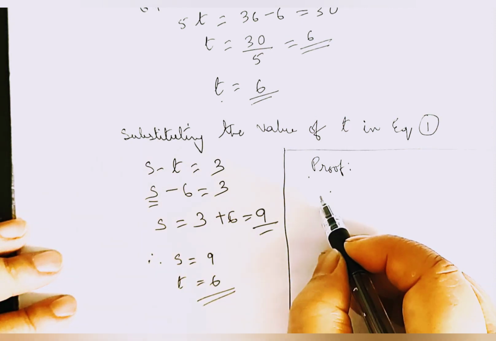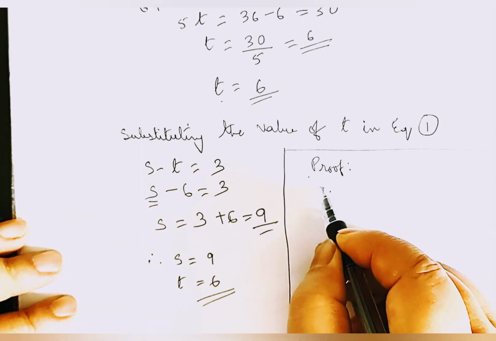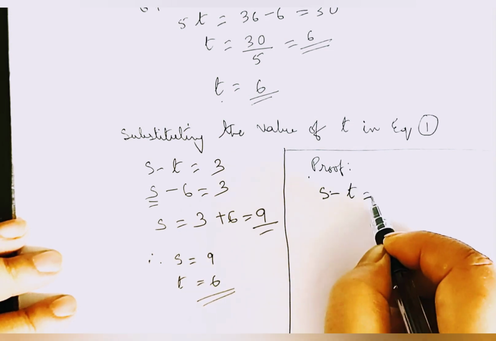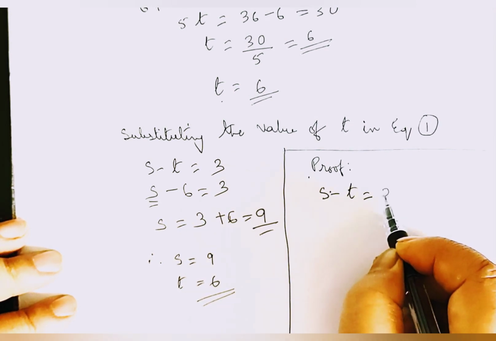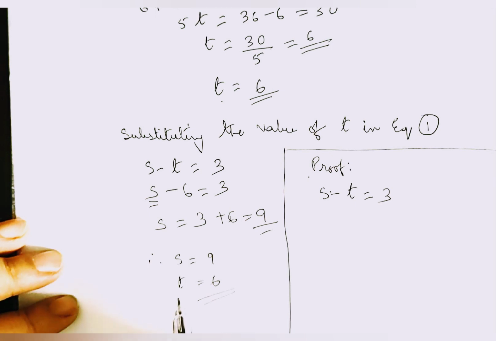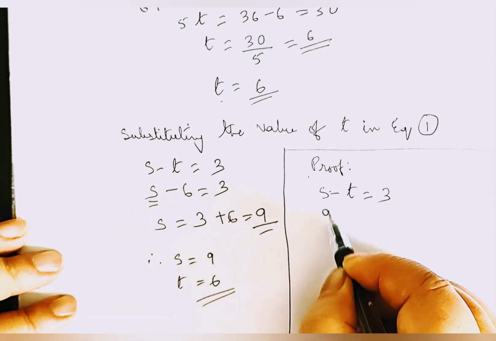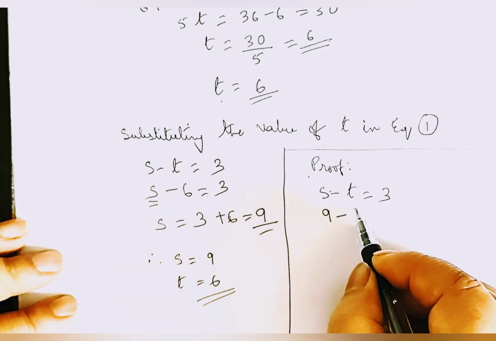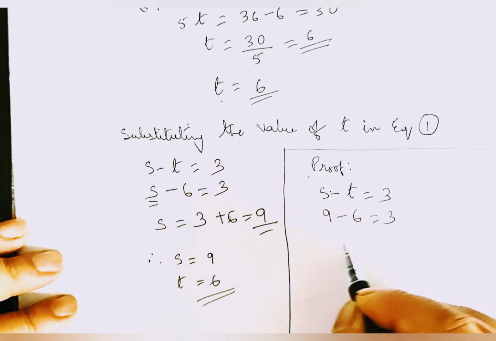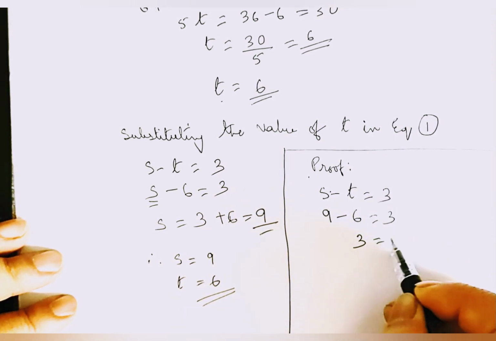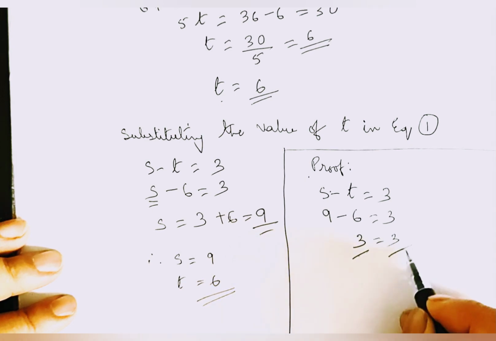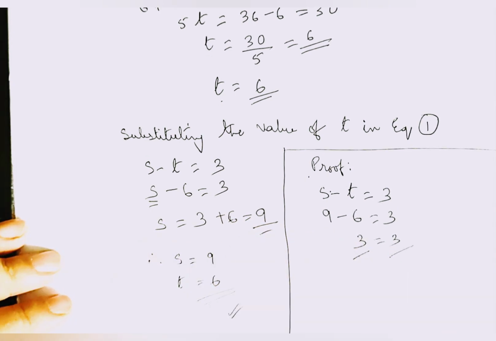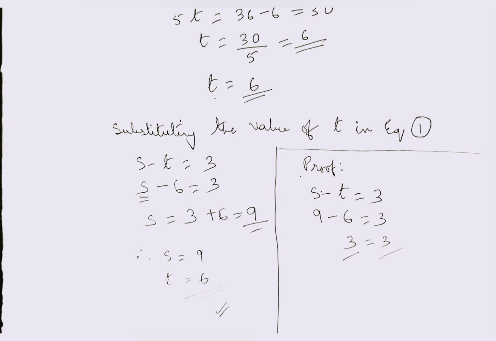And what was the equation? Equation 1 was s minus t is equal to 3, right? What was the value for s? 9. What is the value for t? It is 6. 9 minus 6 equal to 3 is equal to 3. That is LHS equal to RHS. Therefore my sum is right. Am I clear to you all friends?